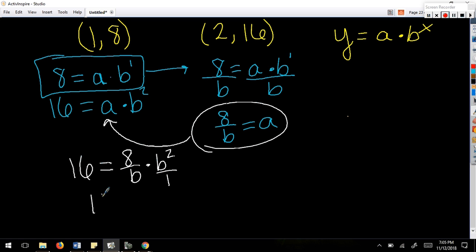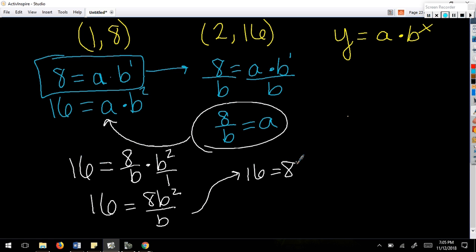Okay, so I have 16 equals 8b squared over b, which means 16 equals 8b. Divide by 8, and I find that 2 equals b.